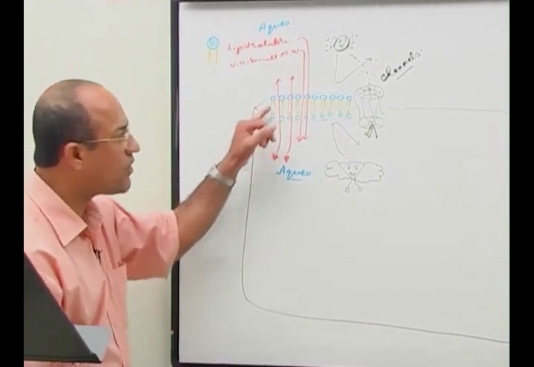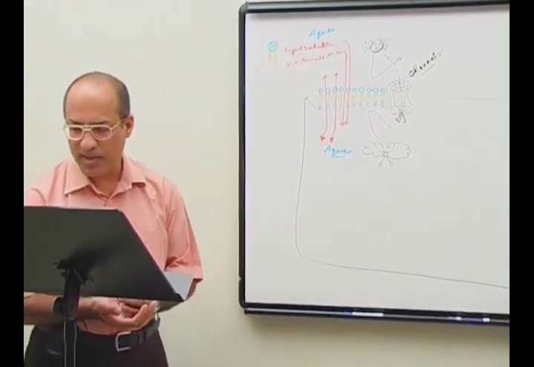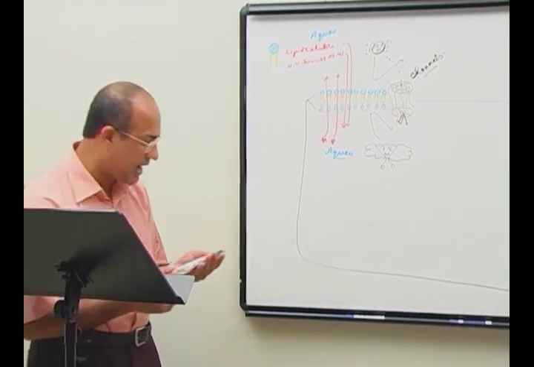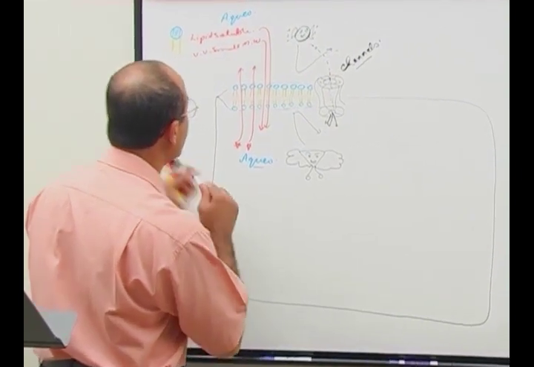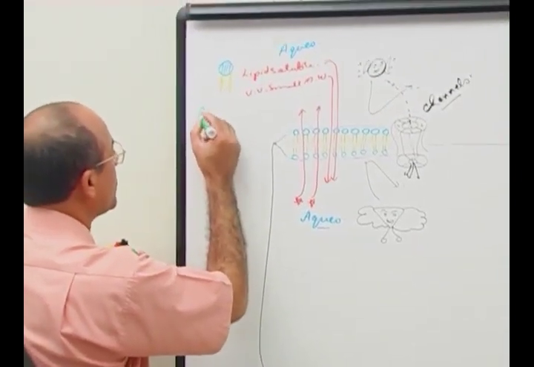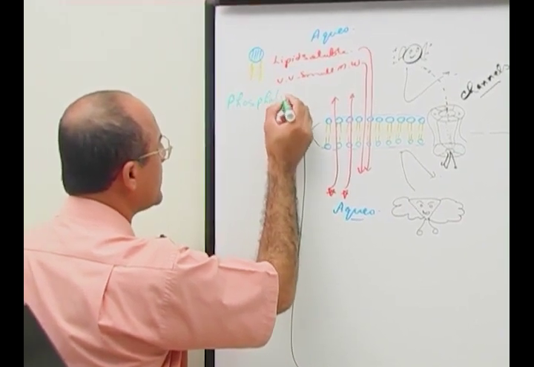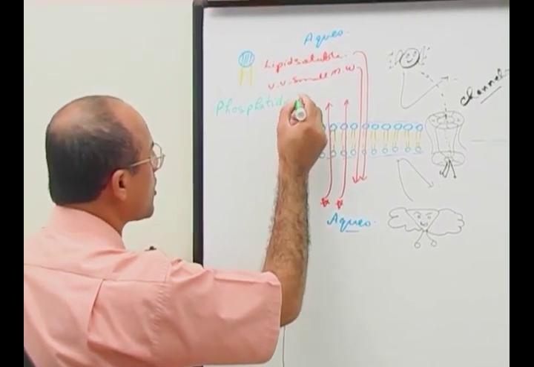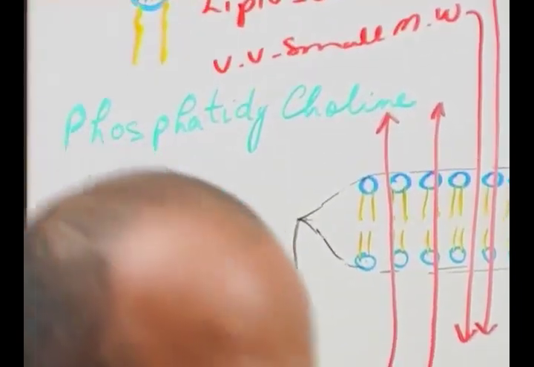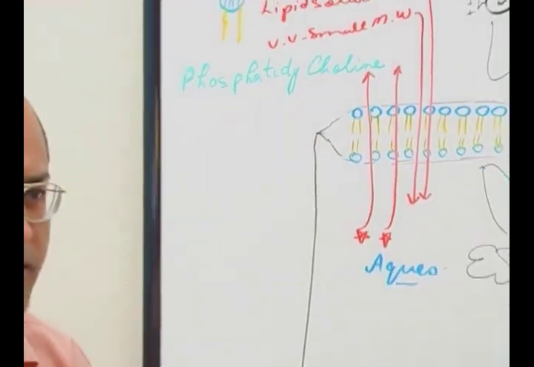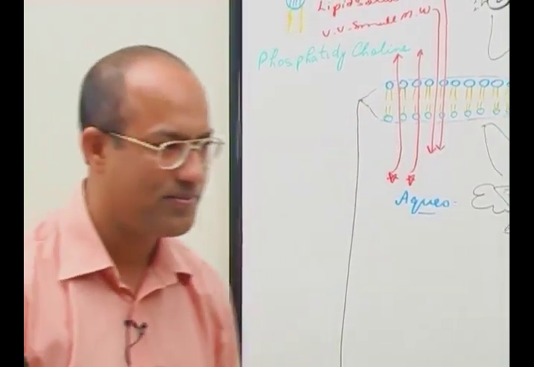Asymmetry. Now, which are the phospholipids which are present in the outer part of the cell membrane? Number one is phosphatidylcholine. Okay, I will write it before you start crying. Phosphatidylcholine. This is a type of phospholipid, right? This is present abundantly in the outer leaflet.